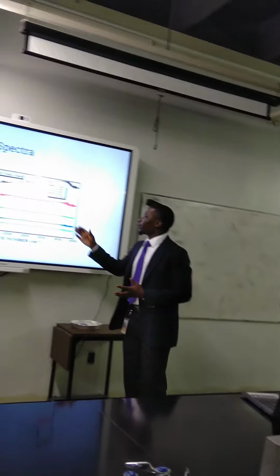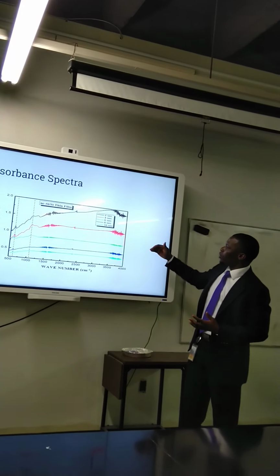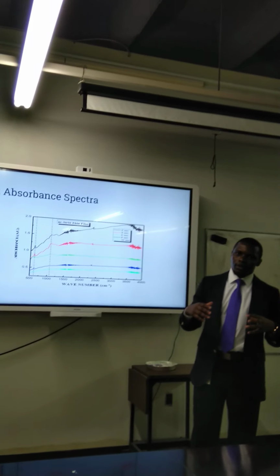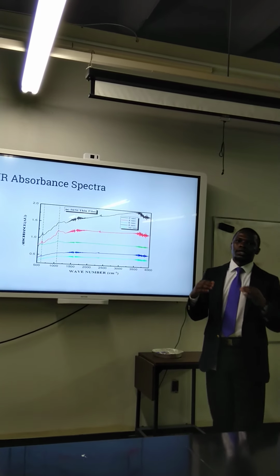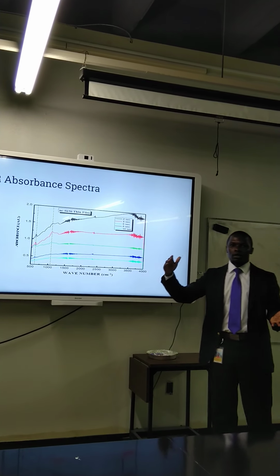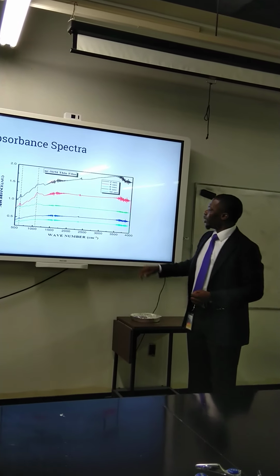When you look at here, as you go on top, from 2 seconds the oxygen composition is lower, and then as you go to 10 seconds, the oxygen composition is increasing.